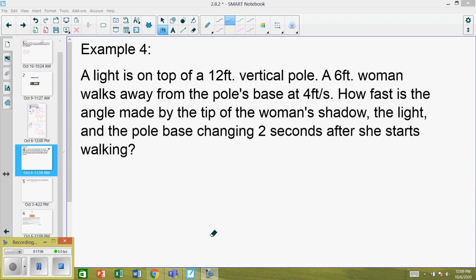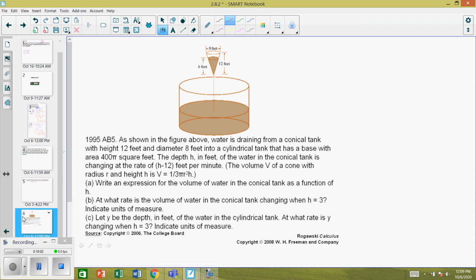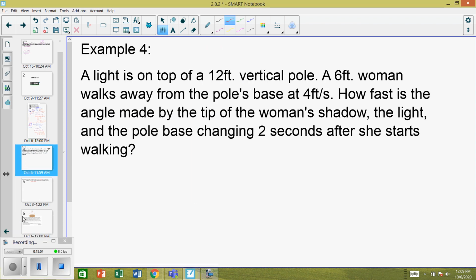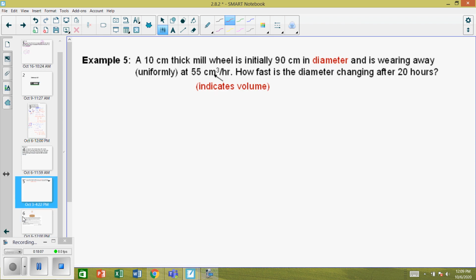Okay, yeah, I think I'm going to save this problem. I'm going to save this problem and number 6. I'm going to save this problem and this problem for tomorrow. I might do this problem. I might not. It's just a good extra problem.